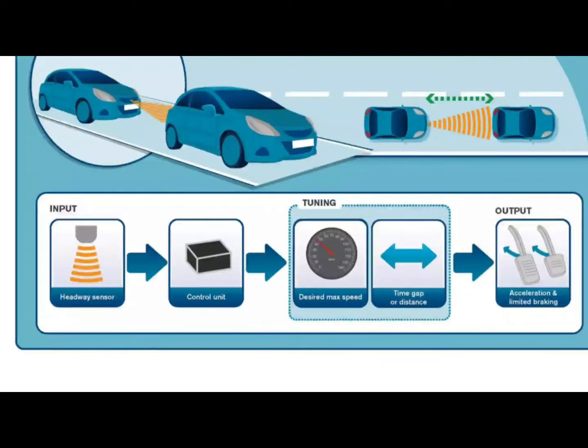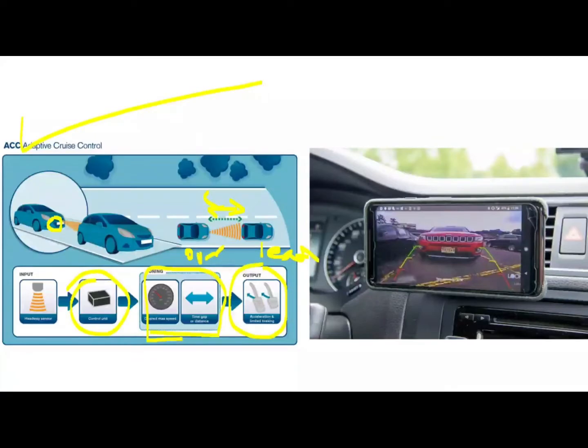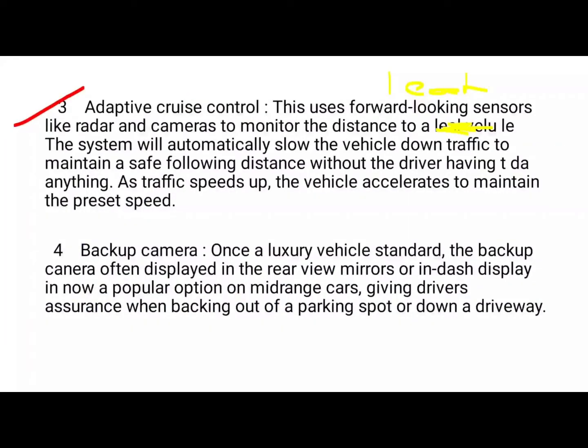If the system thinks you are going to crash because your speed is high and the distance is less, and the leading vehicle is going to stop or its speed is reducing with time, the sensor senses it and controls your acceleration and braking system. This is what we call the adaptive cruise control system.